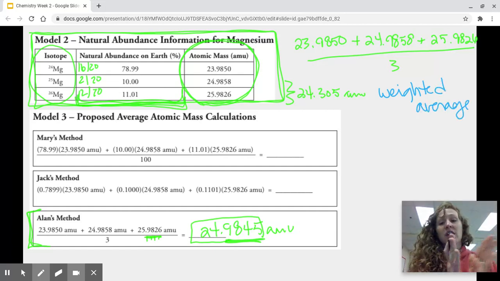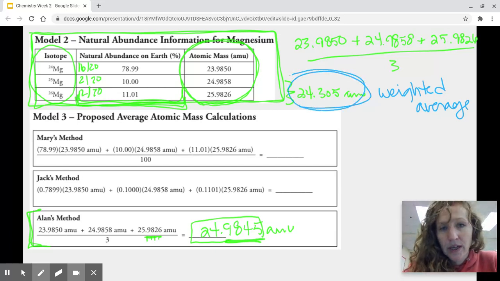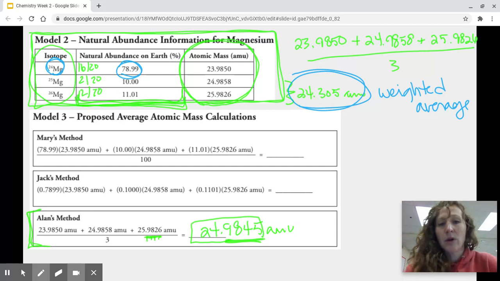And the average is actually weighted towards the isotope that is more abundant. Notice the mass here, 24.3. Is that mass closer to 24, 25, or 26? 24.3 is closer to 24. It is closer to the isotope that is most abundant.